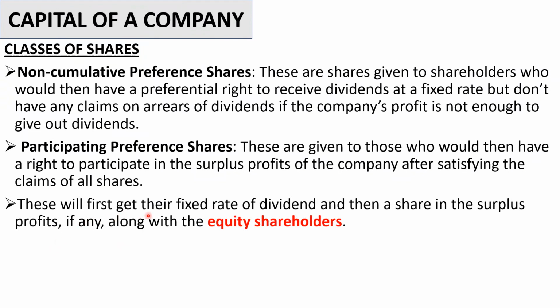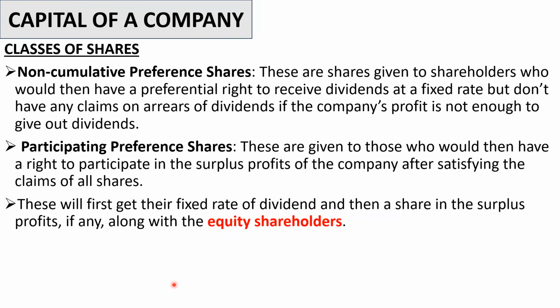So these will first get their fixed rate of dividend and then a share in the surplus profit, if any, along with the equity shareholders. The other type of shareholders who also benefit from that surplus profit are called equity shareholders. The surplus profit is the profit beyond the normal.